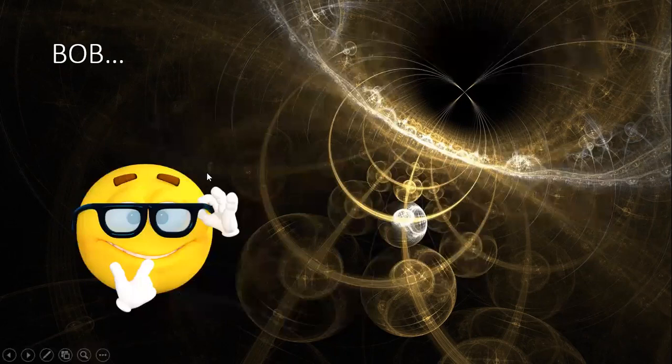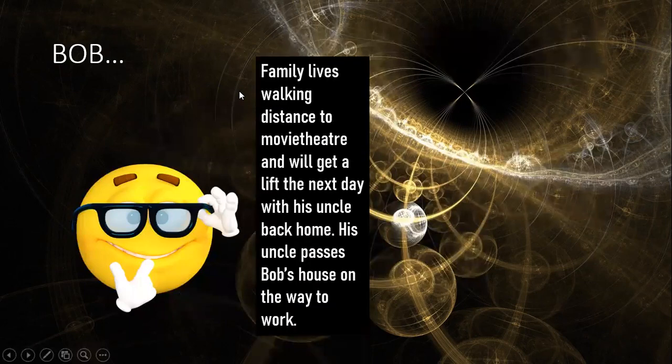So Bob begins to think. He remembers that he has family that live within walking distance of the movie theater, and he can get a lift the next day with his uncle back home. His uncle passes Bob's house on the way to work every day. So he contacts them and asks if he can stay over.